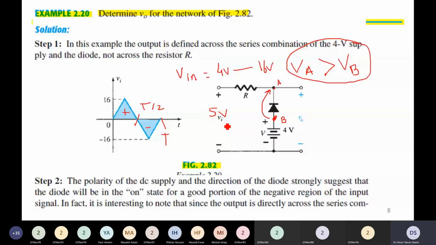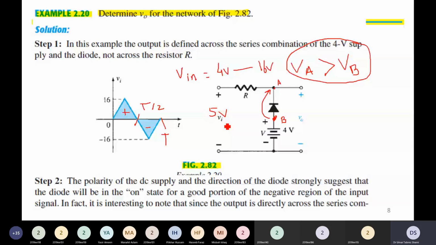So conceptually, what is happening is that we are not considering up till now the current in the resistance. We are just simply analyzing, and we see that node A is at a larger potential as compared to node B. And with the direction of diode connected, it will be reverse biased.